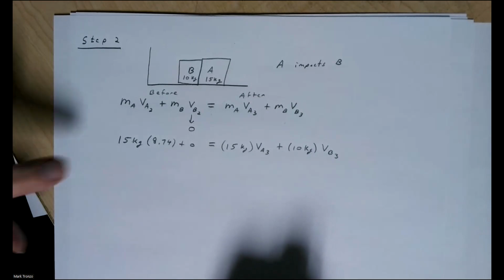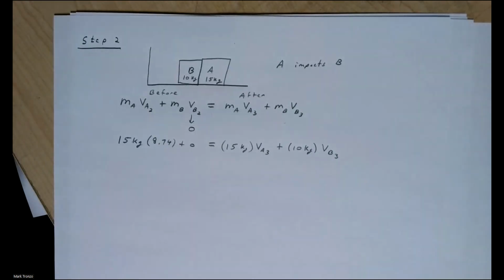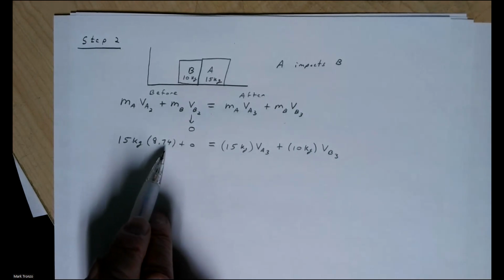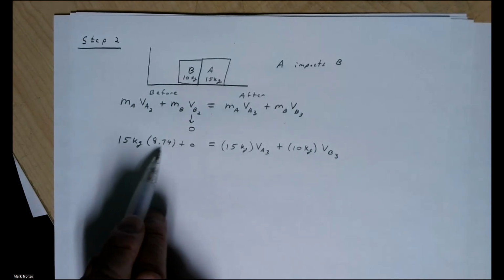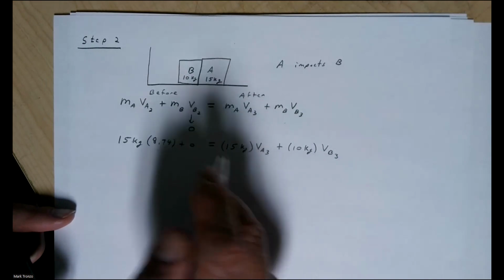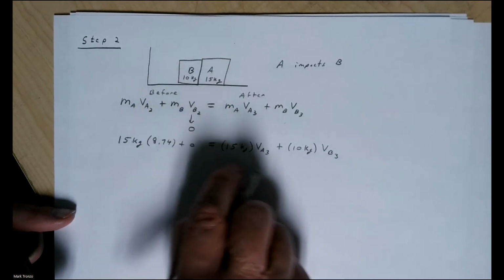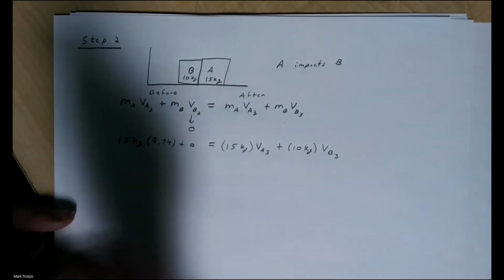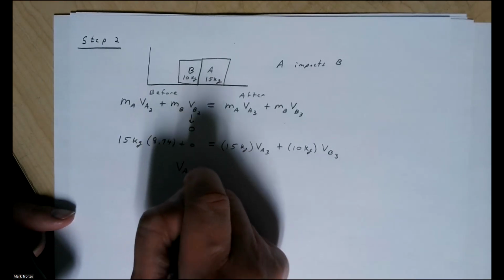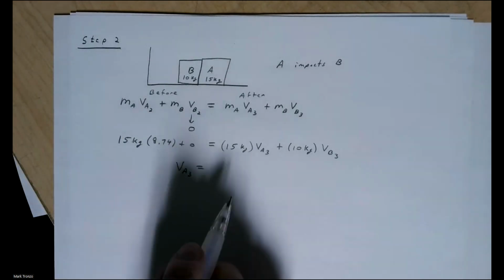So now, if we multiply these two together here, 8.74 times 15, we get something like 131.2 over here. Let's solve maybe for VA3, the velocity of A3. There are probably several ways you can do this, but let me solve for this.